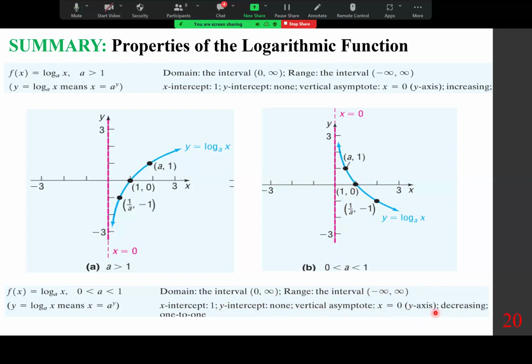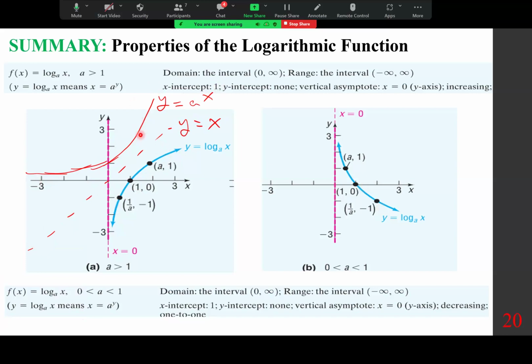So that's the main difference between the two. So this function and this function are inverse functions, and they're symmetric with respect to the line y equals x.